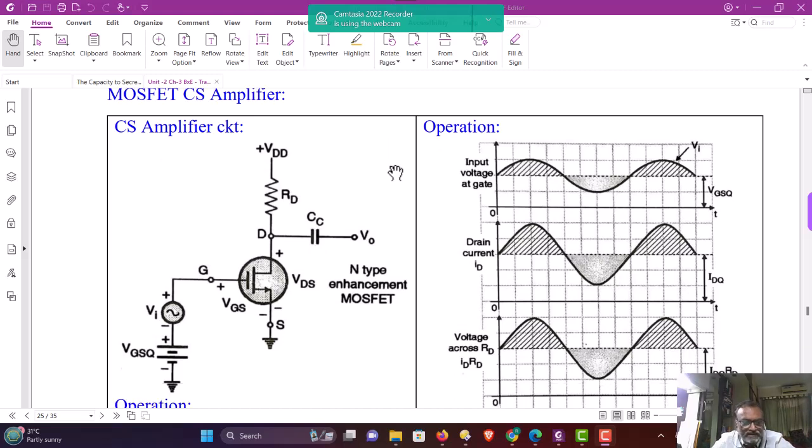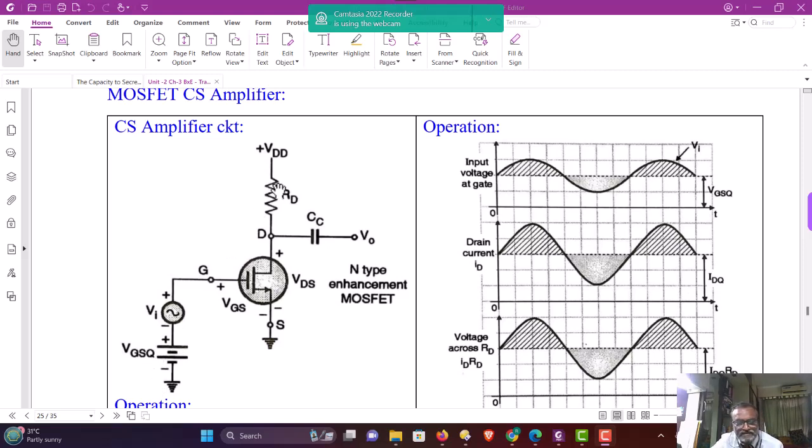Now we will see here the biasing, or maintaining the DC operating point, can be done by a VGSQ supply shown here by a battery, and VDSQ on the drain side can be maintained by using the drain supply voltage VDD. Here two separate supplies are shown, one is VGSQ and the other VDD.